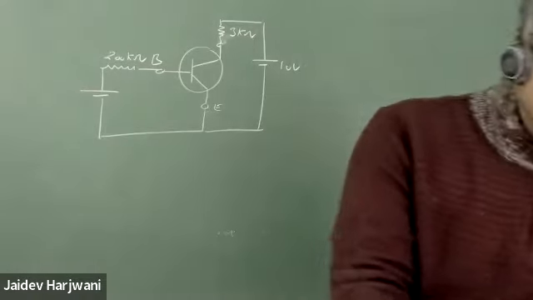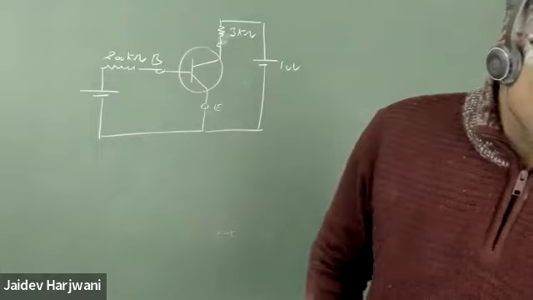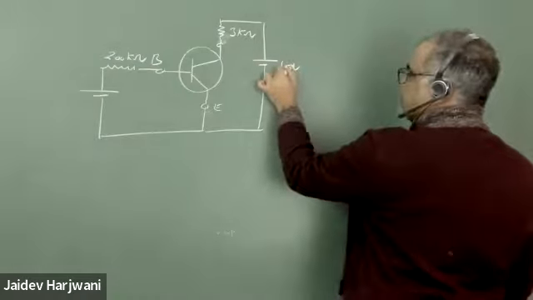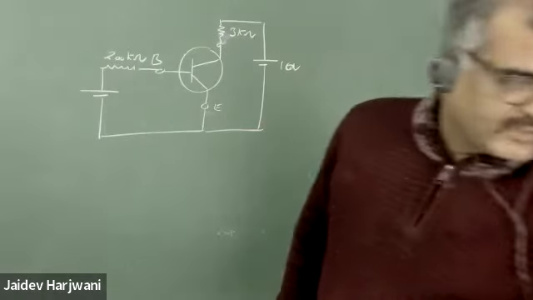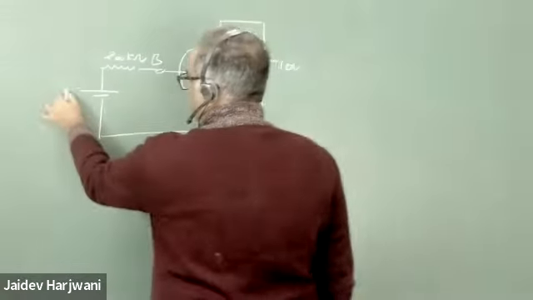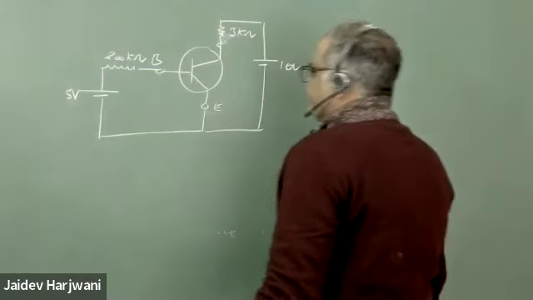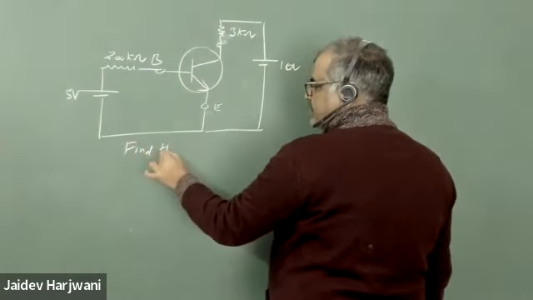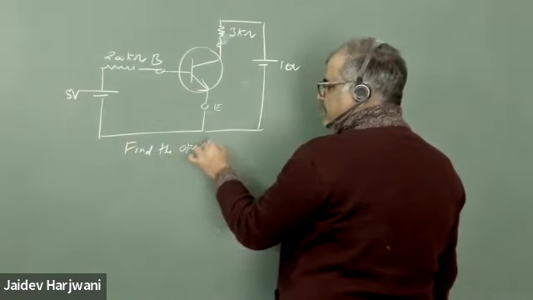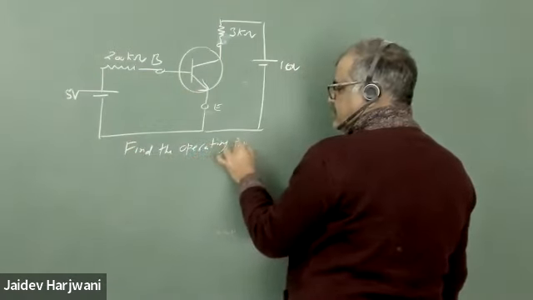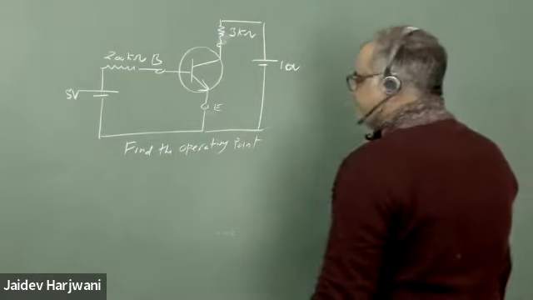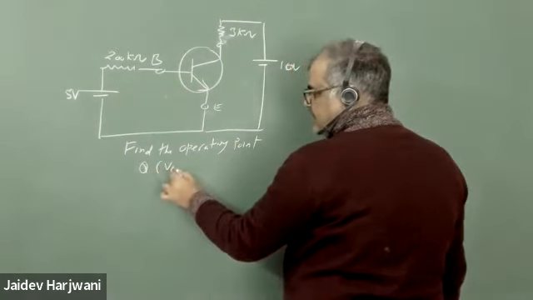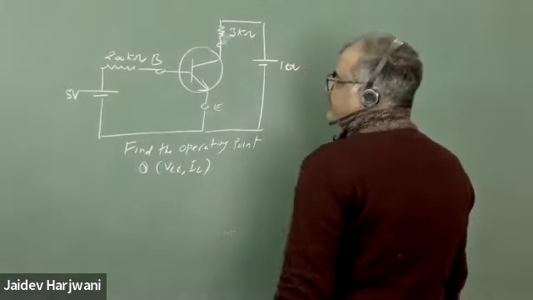Now you need to tell me, this is the VCC, and here this voltage is given as 5 volt. This is a common emitter; find the operating point. Operating point means you have to find the Q point, that is VCE and IC, in the circuit.